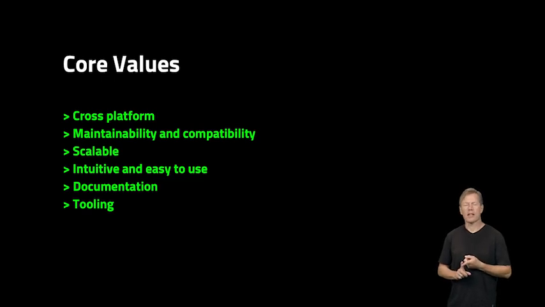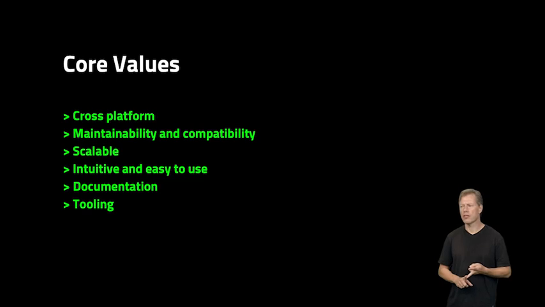Those values are things like being cross-platform, working on all major desktop, mobile and embedded operating systems. The maintainability of the code base that you are writing is really important for us. And of course, with that comes the fact that we need to be compatible as much as possible with previous versions. We want Qt to be scalable from very low-end hardware to big desktop systems and distributed systems.